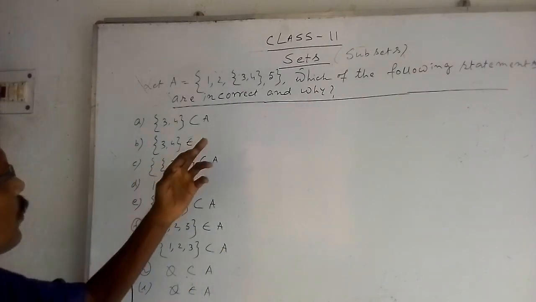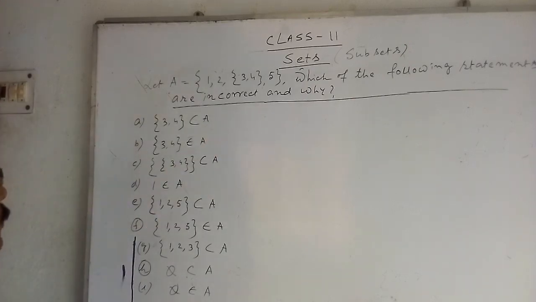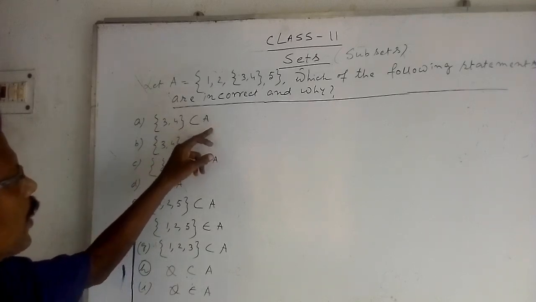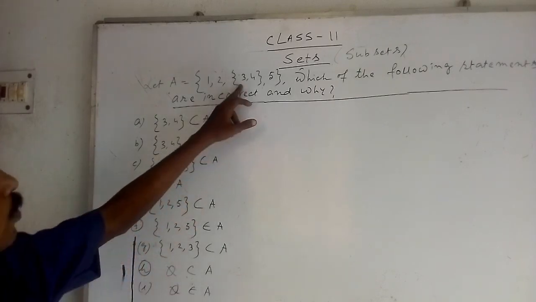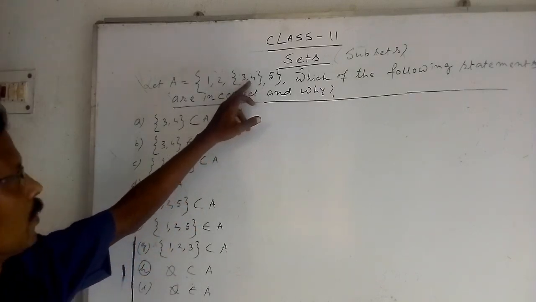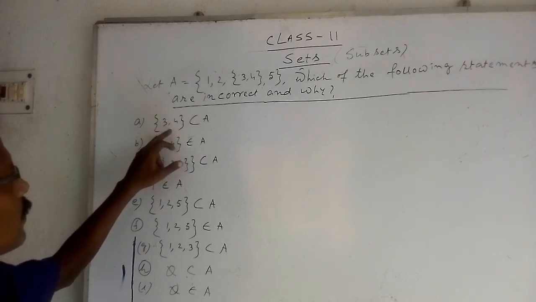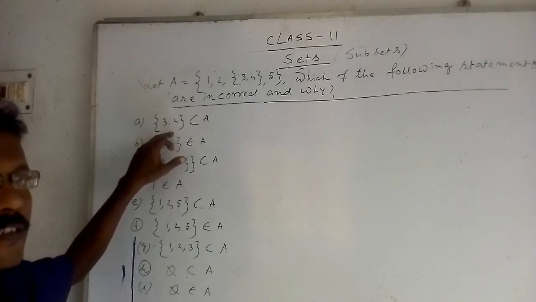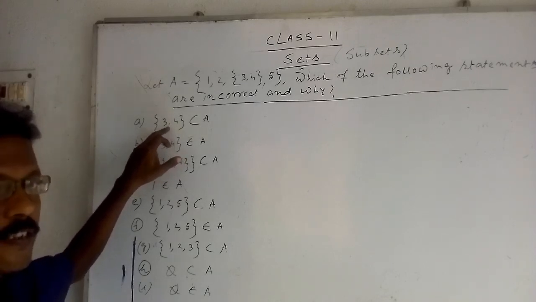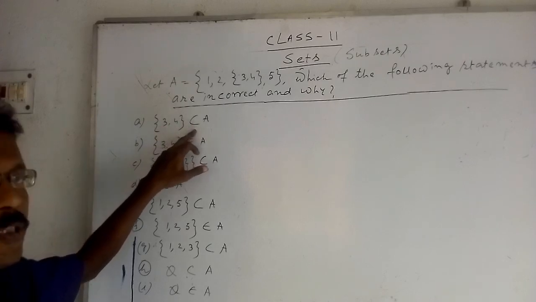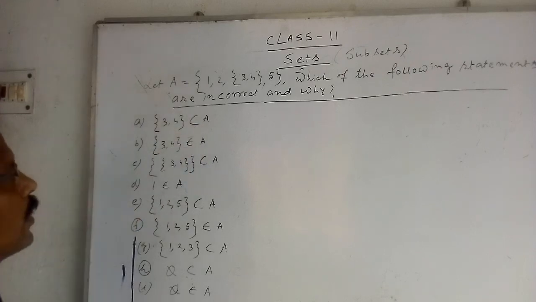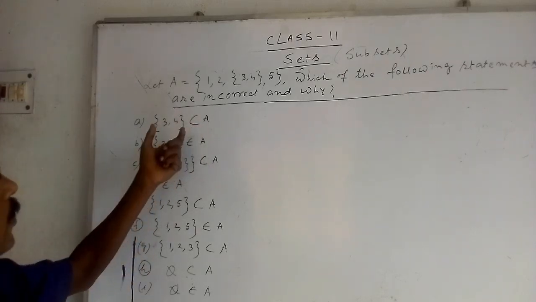Which of the following statements are incorrect and why? Now we have to check. Look, {3, 4} is a subset of A. Actually {3, 4} containing this set is an element. So as it is an element, not a set, the sign between them must not be any subset sign, because you cannot put a subset sign between them.